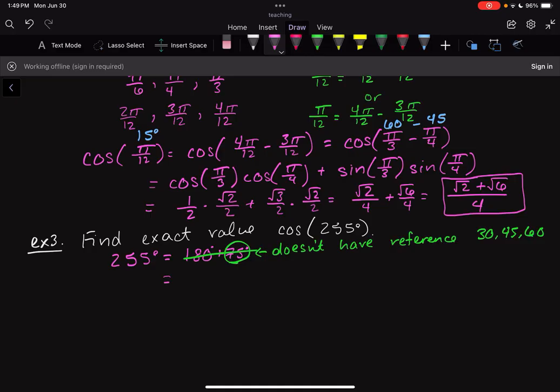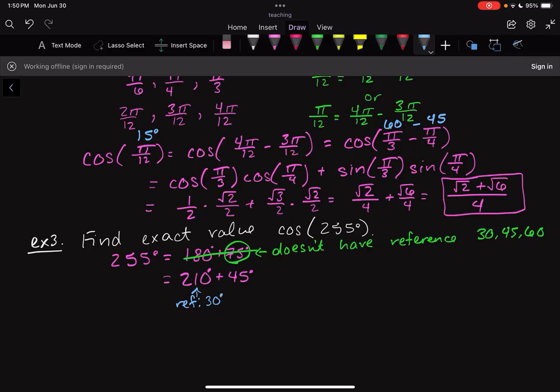We can try something else. So think of maybe two different angles that I could use. I could do 210 and 45 degrees. The reason this one works is because 210 has a reference of 30 degrees, meaning how far is it from the x-axis?